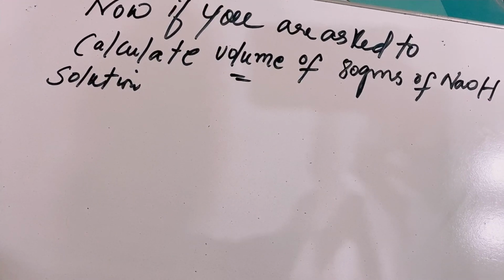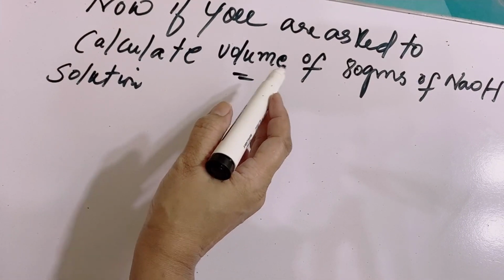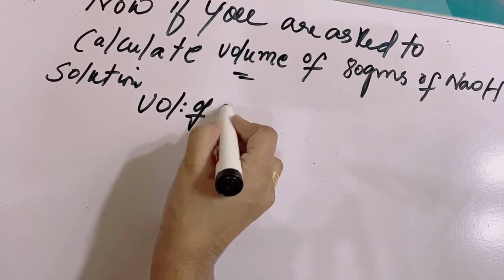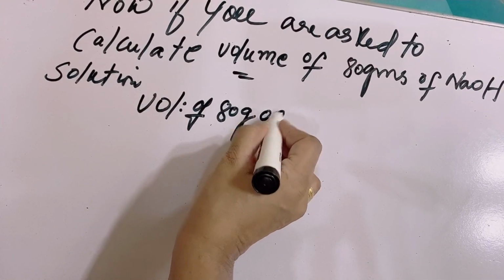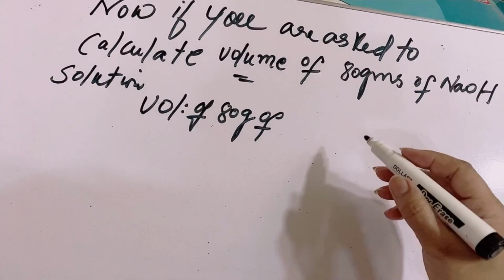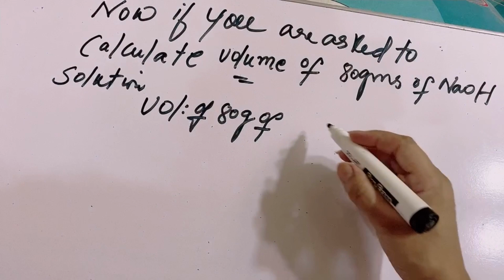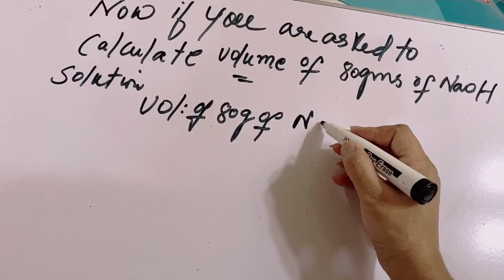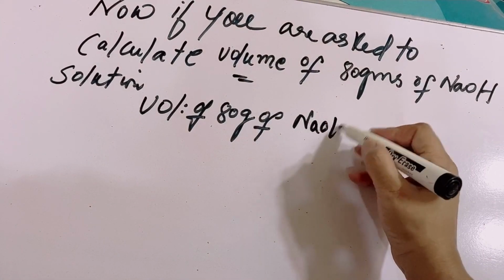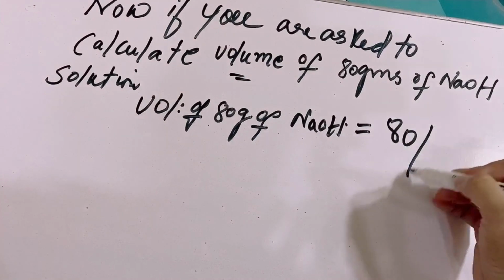The volume of 80 grams of NaOH equals 80 over something.